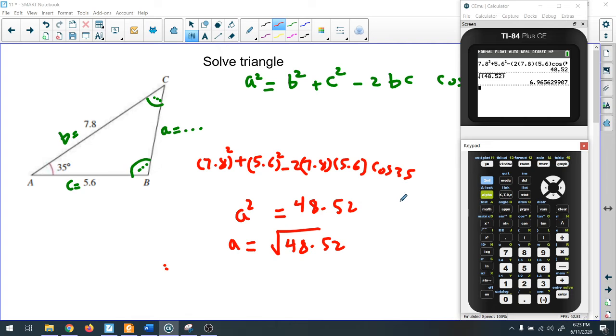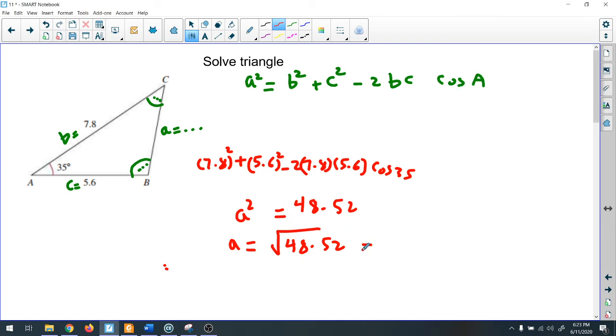We rounded it to 6.97, which is close to 7. So a is 7. Okay, we got a is 7.